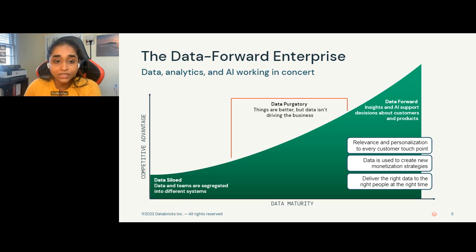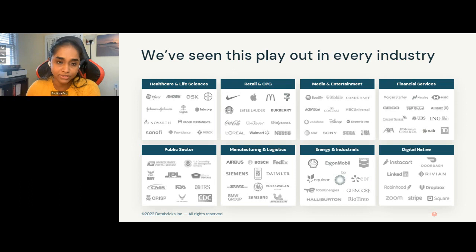We have seen this play out in every industry, right? In every industry sector, there are huge customers, giants trying to take advantage of the data, to become more data-driven, technology-driven. For example, the FinServ customers who are just banking, now they want to be tech-driven.